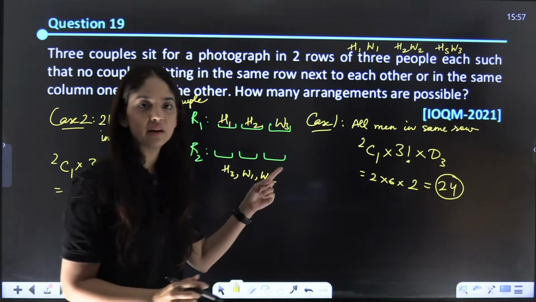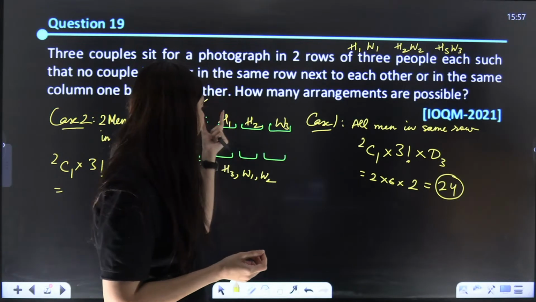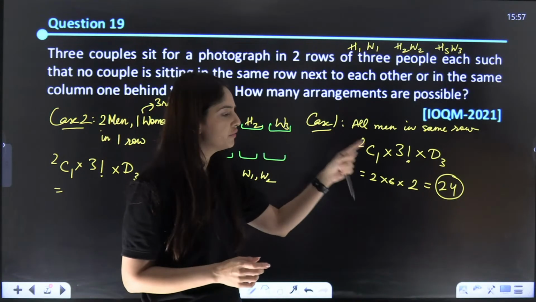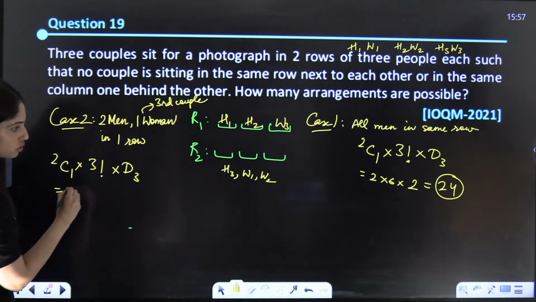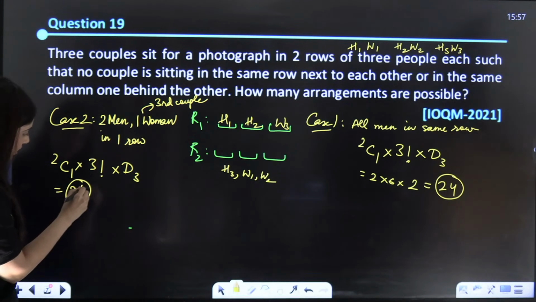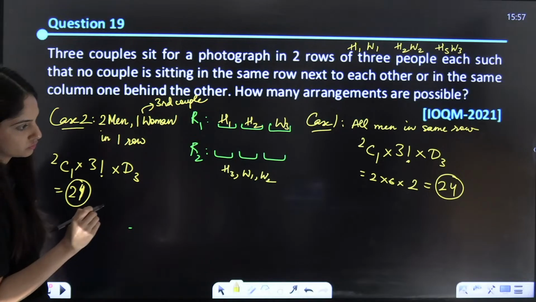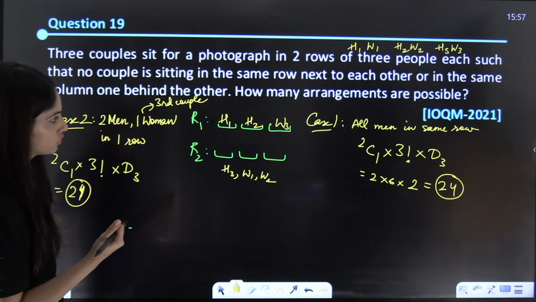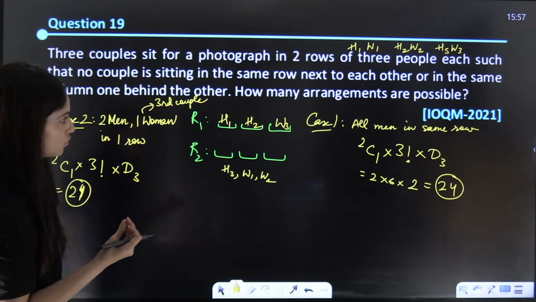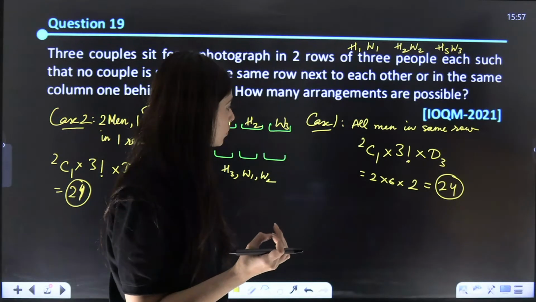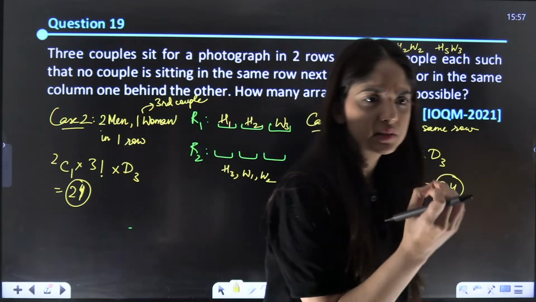Because these 3 can be arranged in any way. It's not like H1 and H2 order is fixed, right? So it can be H1, W3, H2, just like before. We have to just arrange these 3 people. So it's 3 factorial, which is the same as that expression. So this again is 24. Right? Am I missing something?